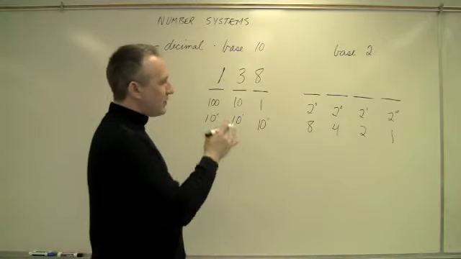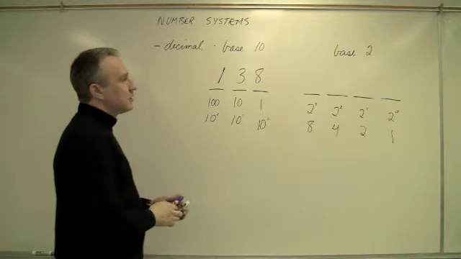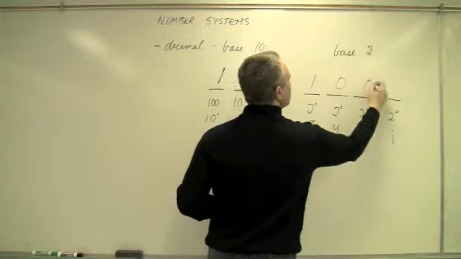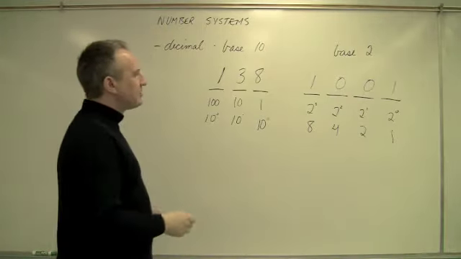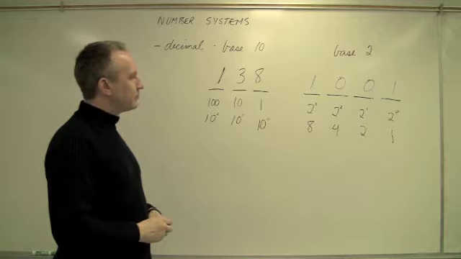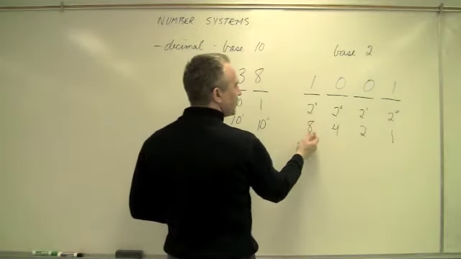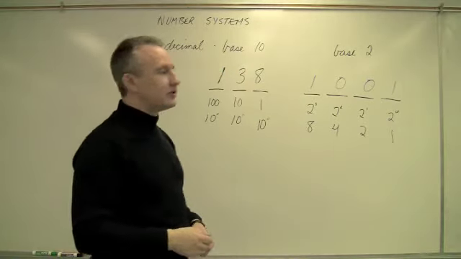So for example, if I wanted to look at, say, 1001, that particular binary number. To figure it out, I simply multiply each of these times its weight, add them up, and that gives me the equivalent in decimal.